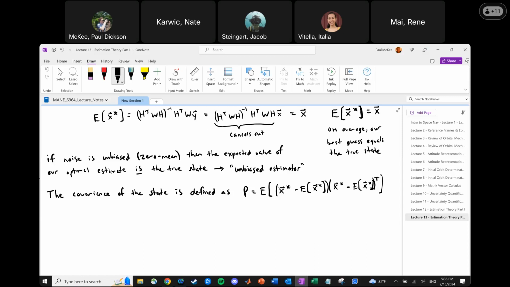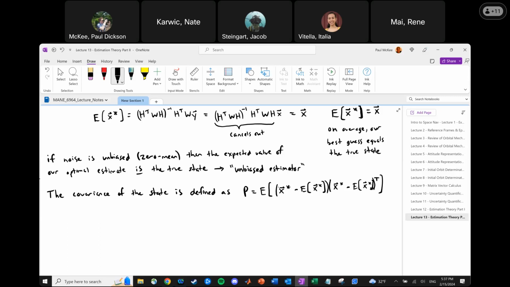That is the definition of the covariance of the state, right? And that's true for just any random variable, right? The expected value of that random variable minus its own expected value, all of that times itself transposed, and the expected value of that gets you your covariance.